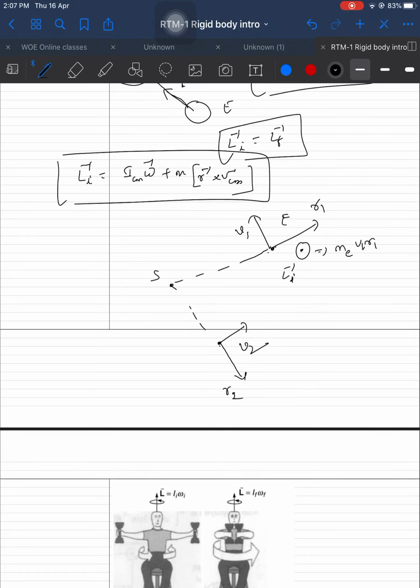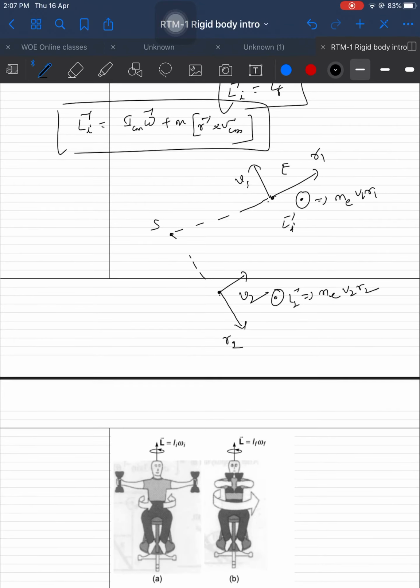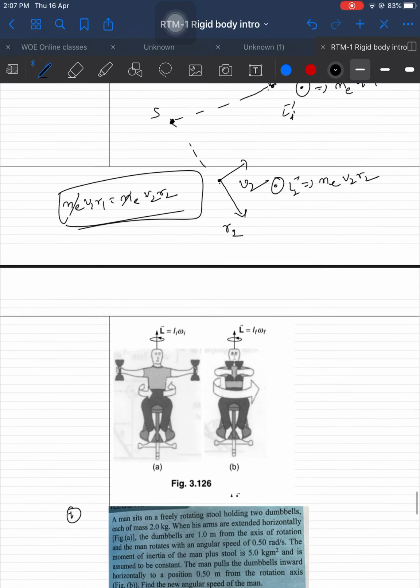This is r2 and v2, and the angular momentum is upwards, in the same direction. Angular momentum here is L2 bar is equal to me v2 r2. So initial angular momentum is equal to final angular momentum about the sun: me v1 r1 is equal to me v2 r2. me gets cancelled, so v1 r1 is equal to v2 r2.